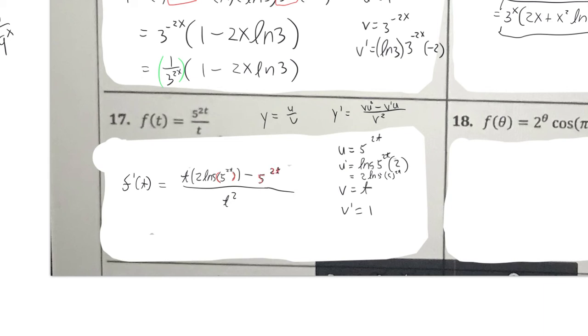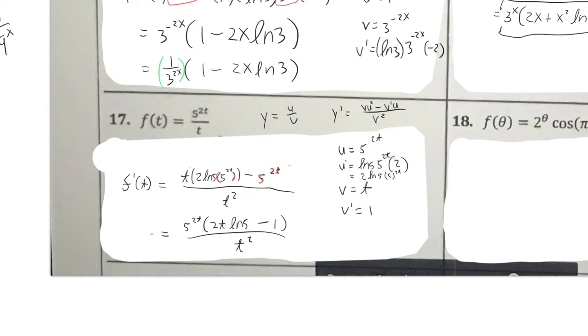So that's a possibility. So don't be surprised if you see the final answer represented like that, perhaps in a textbook or something. So it's going to be 5 to the 2t times, let's see, we're going to have 2t here times ln of 5 minus 1, and that's t squared.